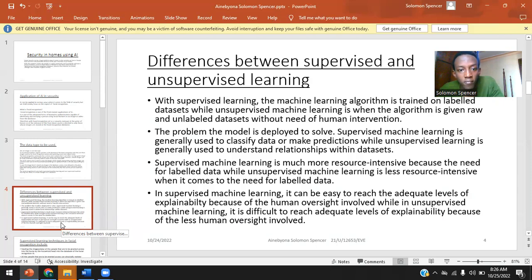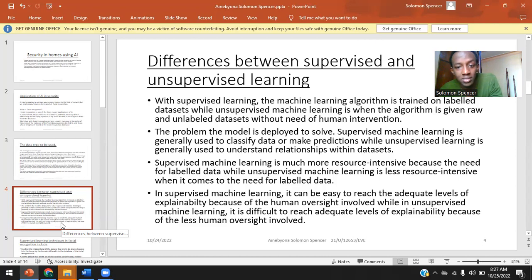Supervised learning is generally used to classify data or make predictions. You can predict the future, because you first have data from a human, and the AI uses this data to predict the outcome or the next item. It is just basic knowledge.